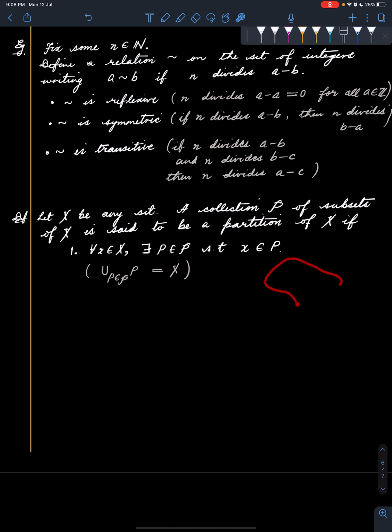Just draw a picture. So you have this X, and then you have these elements of this p, and every element of X is in some member of p. So basically, this is the covering condition, that these things cover X. That's what the first condition is saying. The second is that no two things in p overlap. So if A and B are in p and A is different from B, then the intersection is empty.